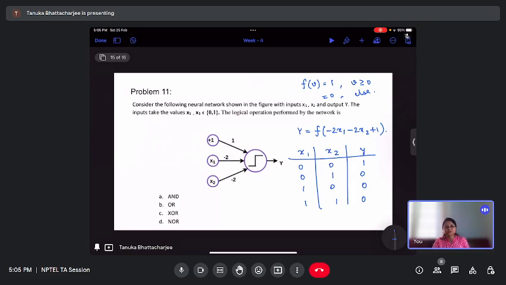This should be something like this, right? So it is the NOR function. Yeah. So, this is the NOR operation being performed.